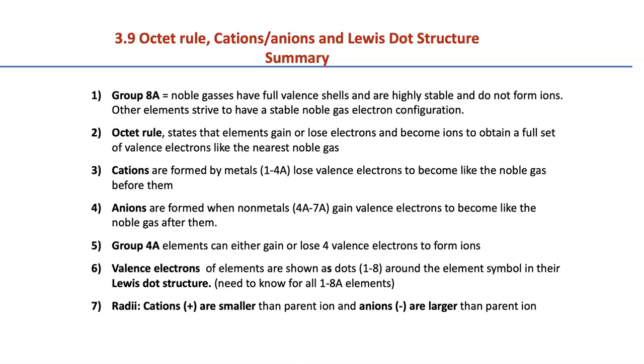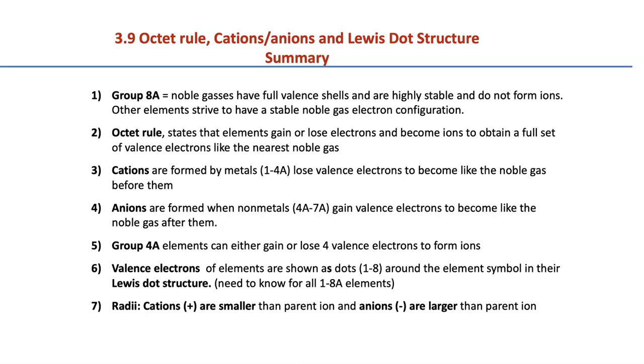Then group 4A elements can gain or lose 4 valence electrons when they form ions because gaining 4 or losing 4 is the same energy difference. Valence electrons of elements are shown as dots. It's generally anywhere from 1 to 8 dots and 2 dots maximum per side. So you are going to put dots in the north, south, east, west direction from the symbol of the element, which is going to be in the middle.